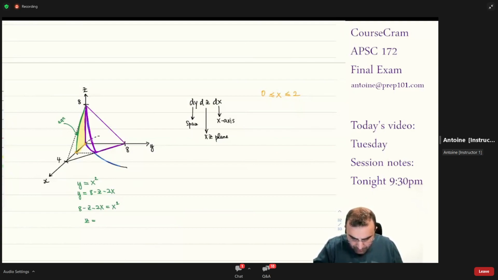Wow, this is a lot of negatives. Minus x squared minus 2x minus 8. That's bizarre. No, plus 8. I apologize. So it's 8 minus 2x minus x squared.